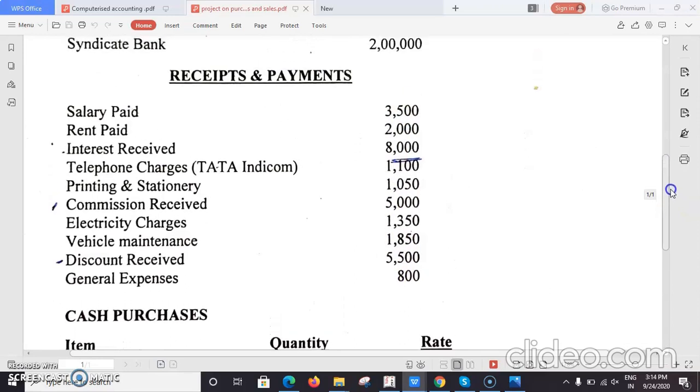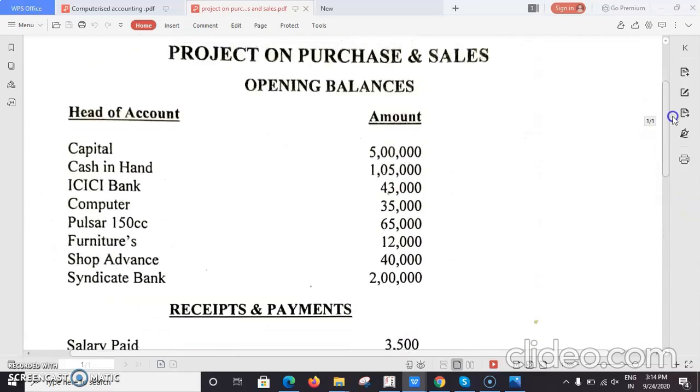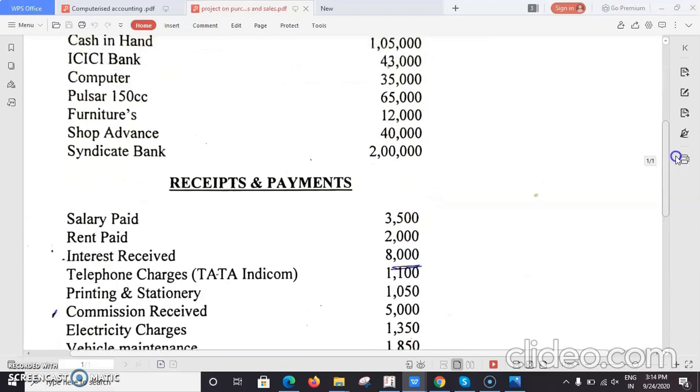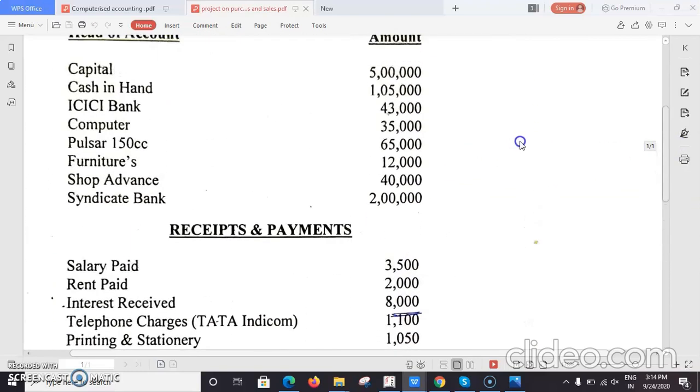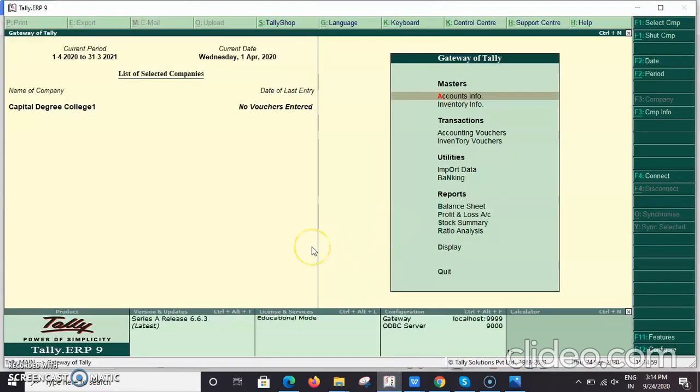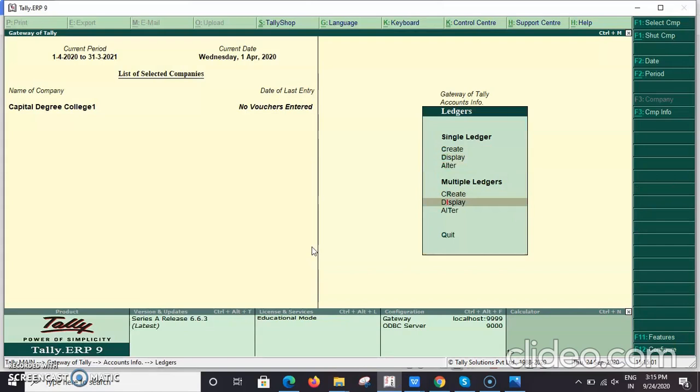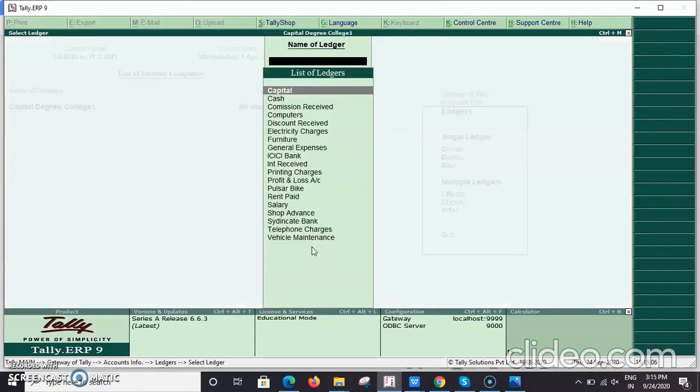All this I have to create. Already I have created them, I will show that. Capital, 5 lakh, cash in hand, all these things I have to create. The cash in hand amount I have not entered. For the remaining I have entered the opening balance, so it will show a 1,05,000 difference in Tally. Accounts info, ledger, display all the things I have created.